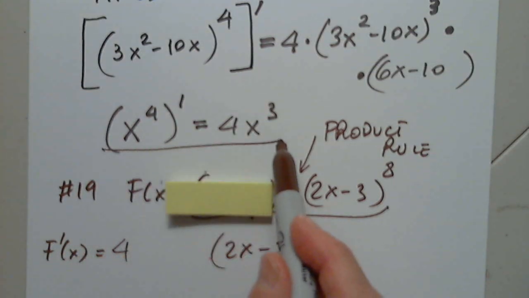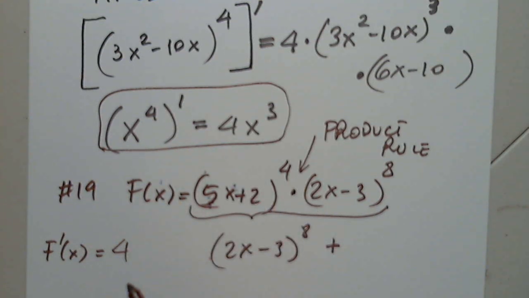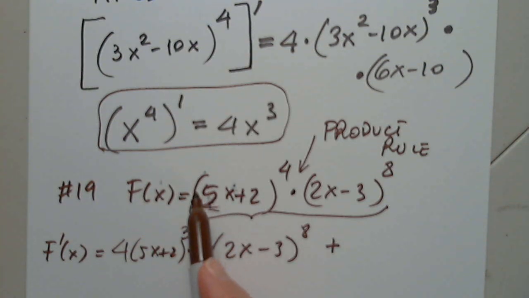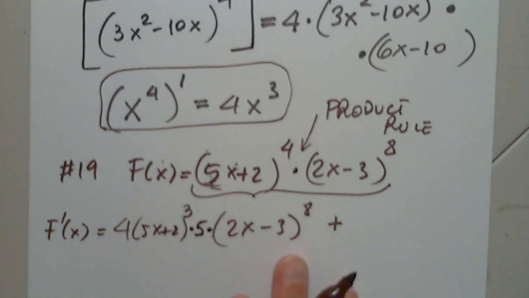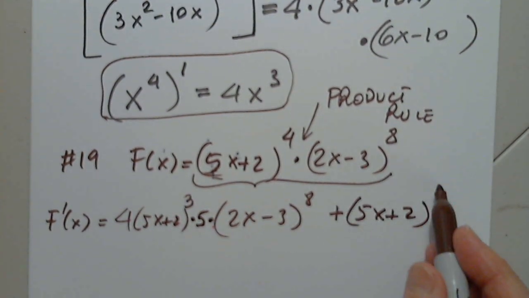I'm using this rule. 4 goes in front. Then I have to copy 5x plus 2 to which power? The third. Excellent. Times the inner function prime. What is the inner function prime? This. 5. Excellent. Awesome. Great job. Plus, now I copy the first one, 5x plus 2 to the fourth power.